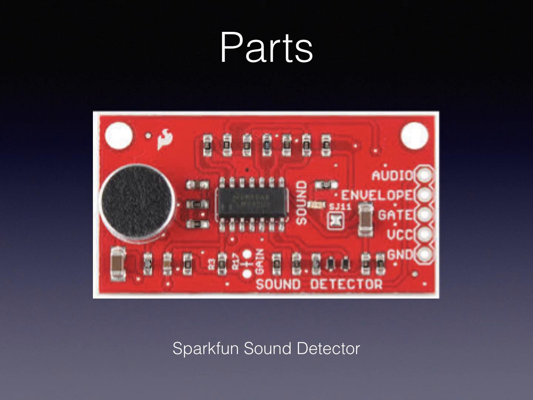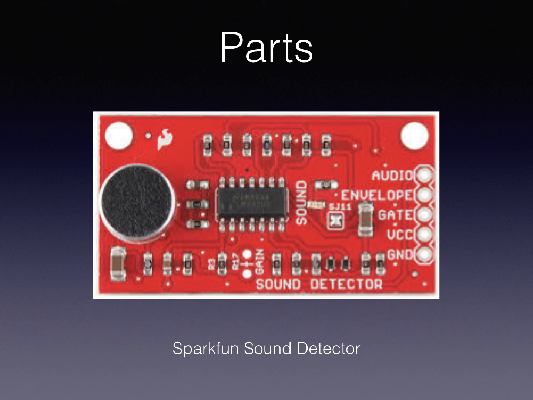The next part that I needed to purchase was a microphone, since I wanted this music visualizer to pick up music in real time and visualize that on the LEDs. When I first started looking at microphones, I came across the SparkFun sound detector, and I knew that this would be a good one mainly because of the envelope pin that it has, which outputs the amplitude of the sound that it is picking up as an analog output, and this would be a value between 0 and 255, I believe.